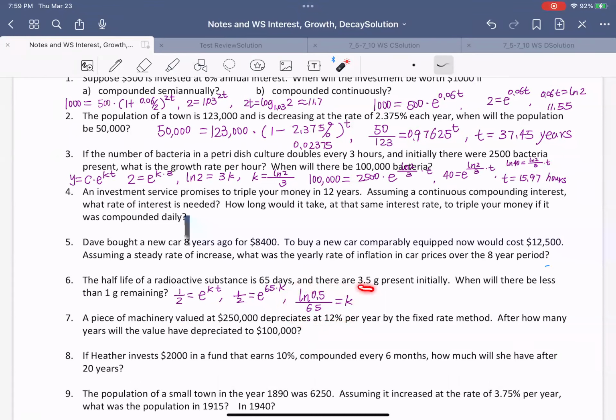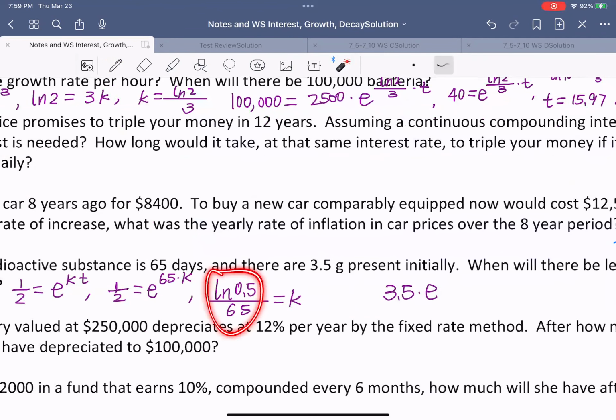Next, look at here. How much is this? 3.5. That's the initial amount. So you want to do 3.5 times e to the power of kt, right? k is given. We already solved the k.